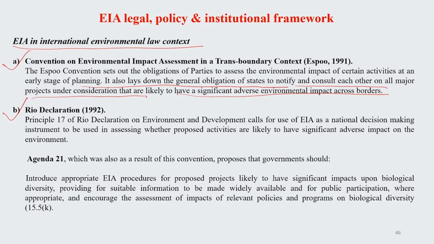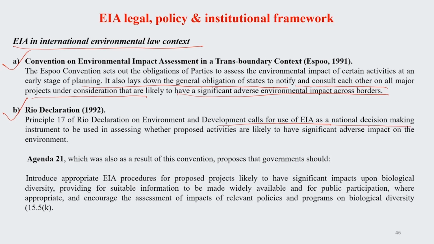Next, another policy, legal or institutional framework in the history of environment is the Rio Declaration, 1992. All of us are aware that there are 17 principles under the Rio Declaration on environment and development. The Rio Declaration called for EIA as a national decision making instrument.